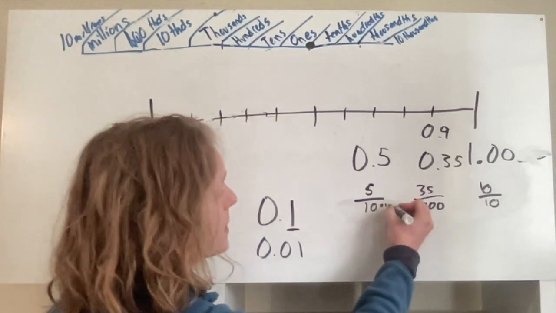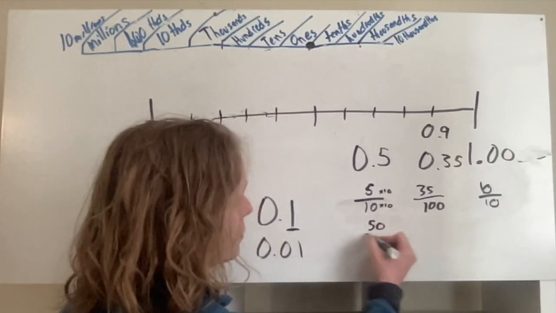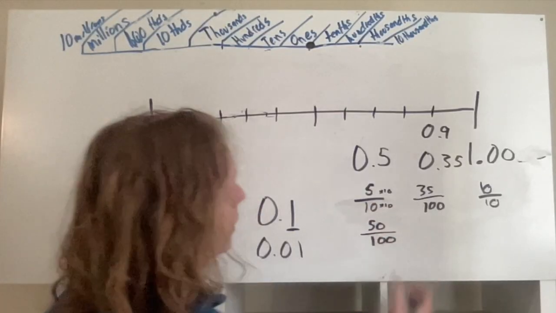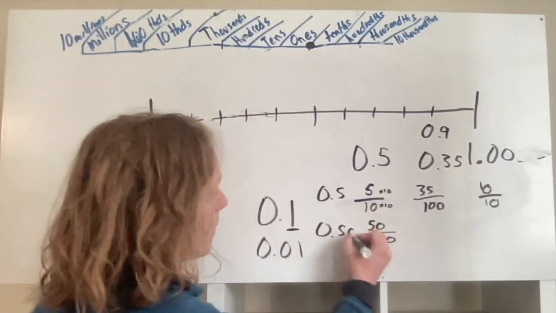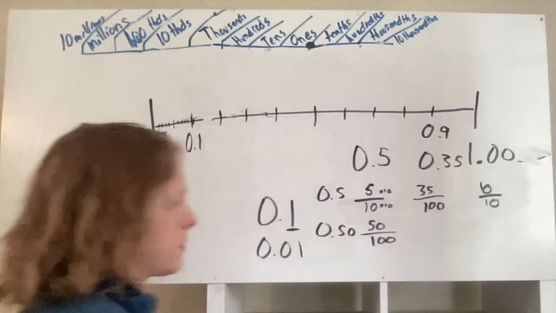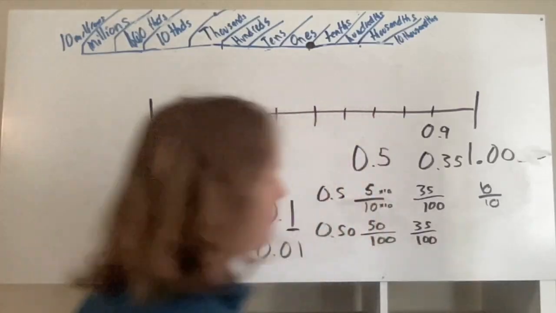So if I multiply by 10, this 5/10 is also equivalent to 50/100ths, right? And then 35/100ths, right?